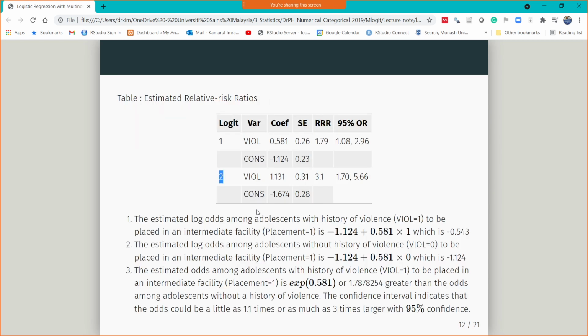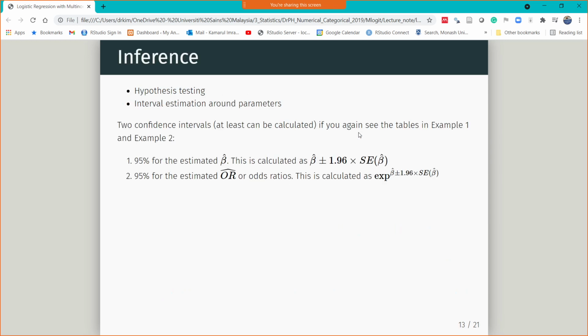So these are the estimated values. Okay, the coefficient, the standard error, the RRR, the odds ratio, those are all the estimated values. So next we look at the inference.